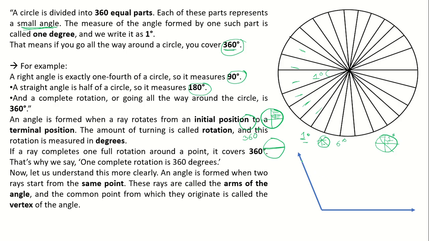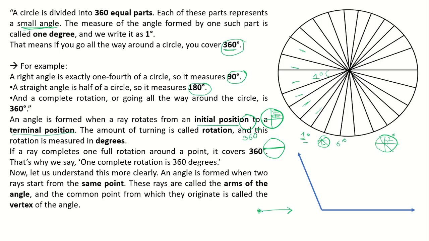An angle is something which is formed when a ray rotates from an initial position to a terminal position. So what is a ray? A ray is a line which starts from a point and moves in one direction.